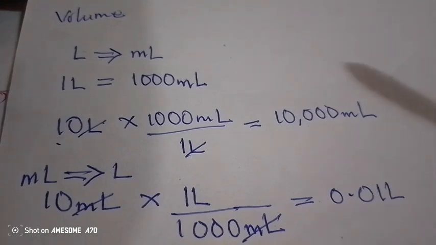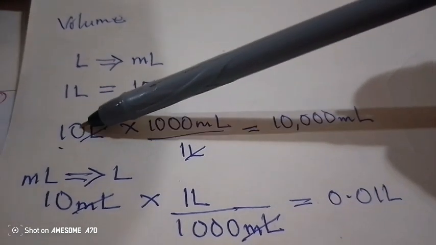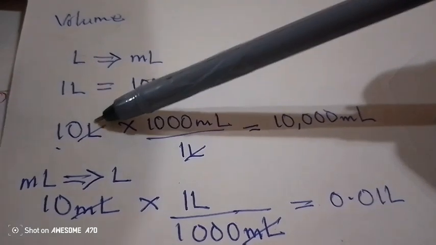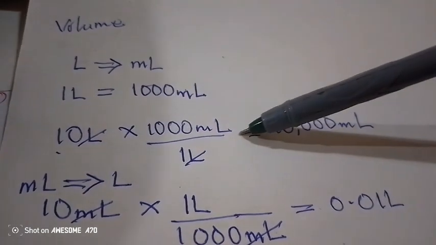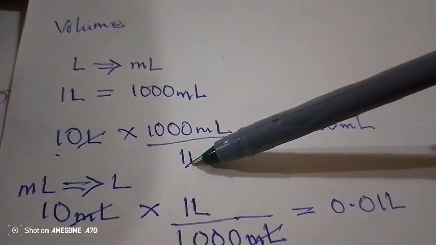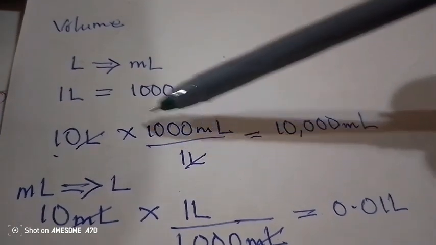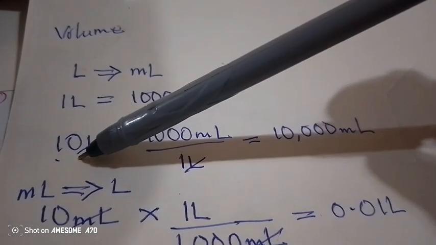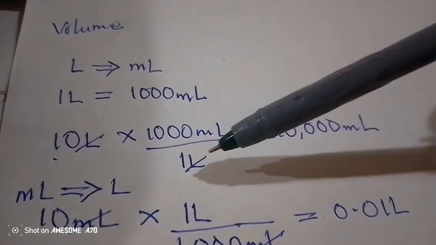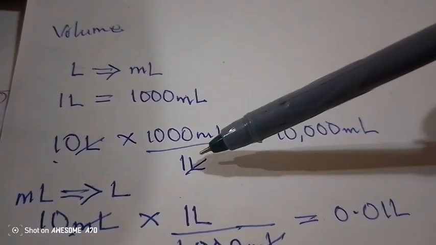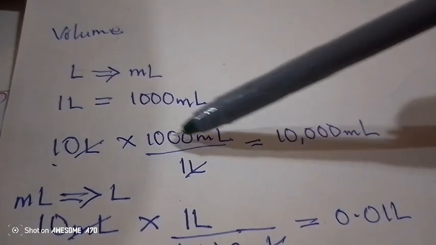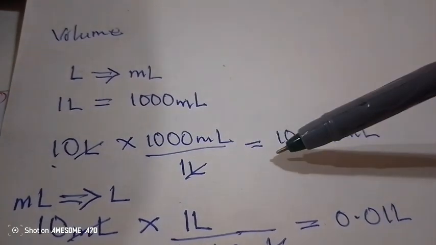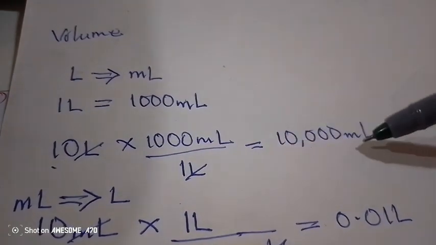Now, look at it. This is 10 liters. So 10 liters times 1000 ml over 1 liter. The liter here and the liter here will cancel out, and we will now have 10 times 1000 ml, which will give us 10,000 ml.